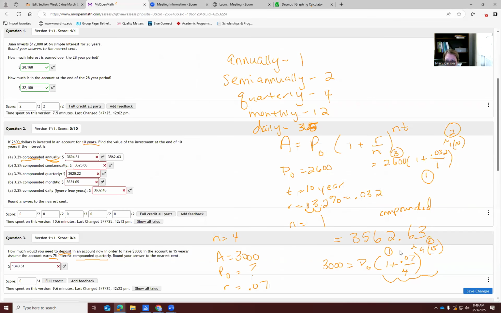Okay, so now we're going to go back here. This whole thing now was 2.8318162, times the P naught is equal to 3,000. So now you've got to think, how do I solve for this P naught? Well, we want to get rid of this number over here. So this is being multiplied, so we divide. So I divide both sides by this, and we'll plug that in the calculator.